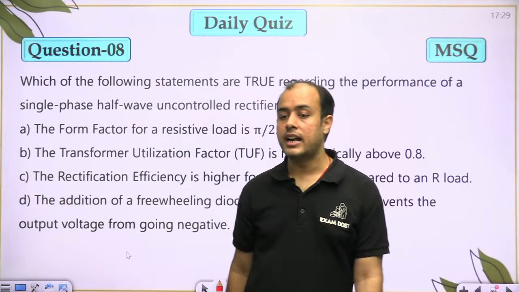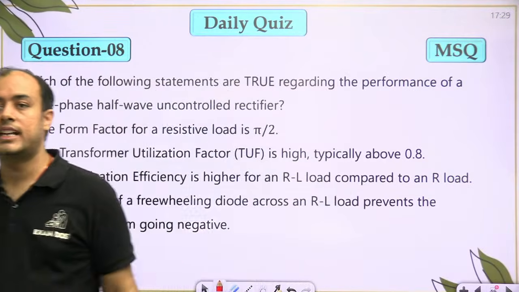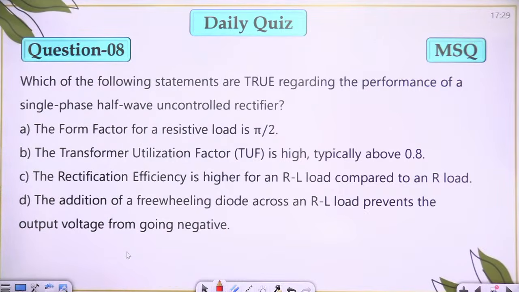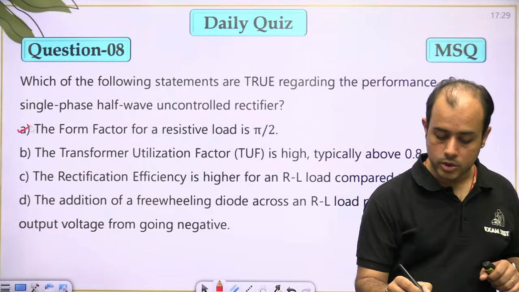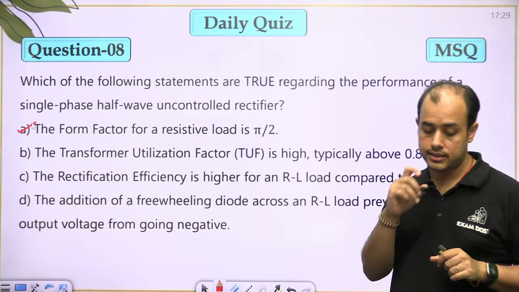Which statements are true regarding performance of single phase half wave uncontrolled rectifier? Form factor is pi by 2. For a resistive load, we derived this.